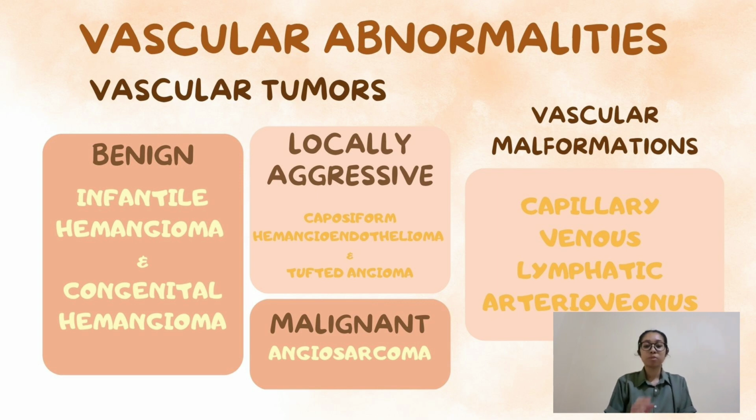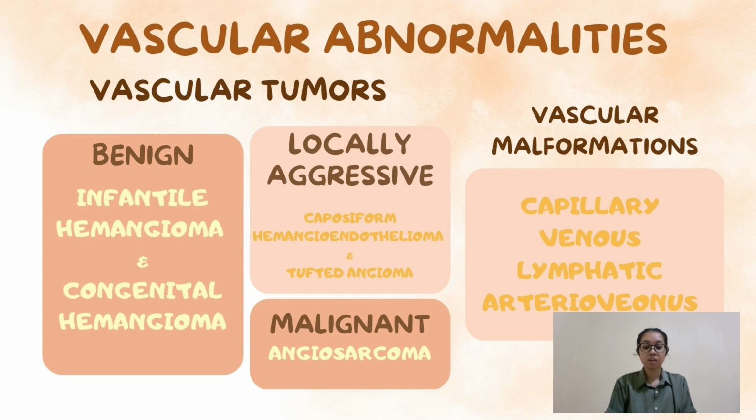Vascular abnormalities, also known as vascular anomalies, fall into two broad categories, namely vascular tumors and vascular malformations. Vascular tumors are divided into 3 categories, namely benign, locally aggressive, and malignant. In the benign category, there are infantile hemangioma and congenital hemangioma.